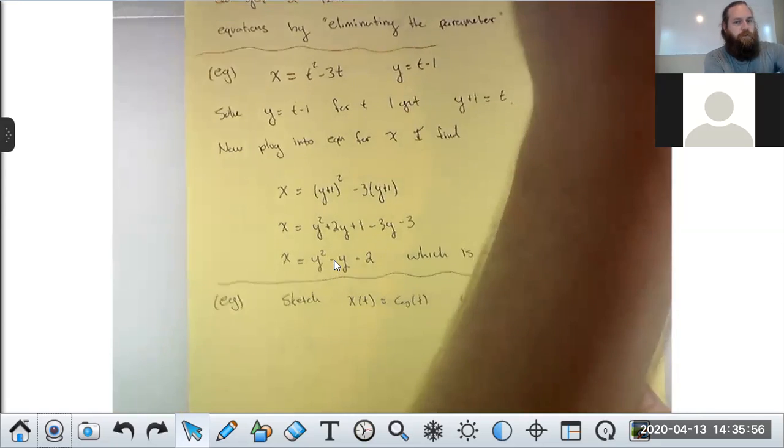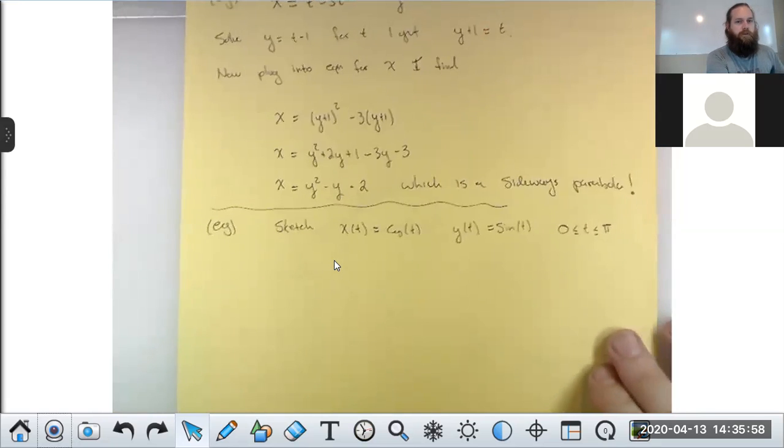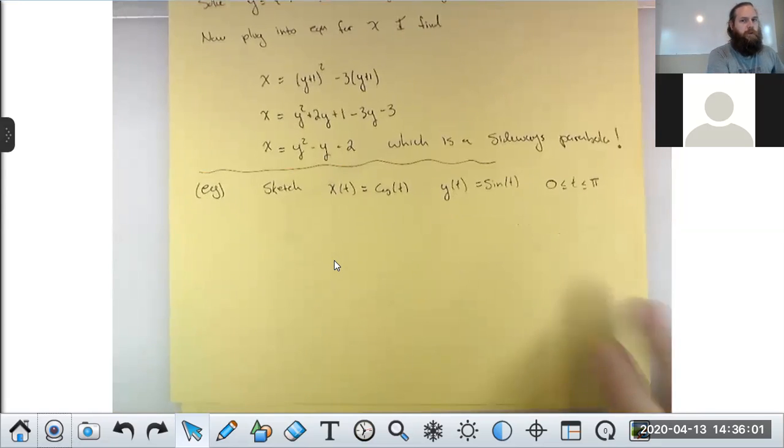Now, since you guys are not just a pre-calc class, you're a pre-calc trig class, this example should be screaming some stuff at you. I tell you x is cosine t, y is sine t, and immediately your brain goes what?